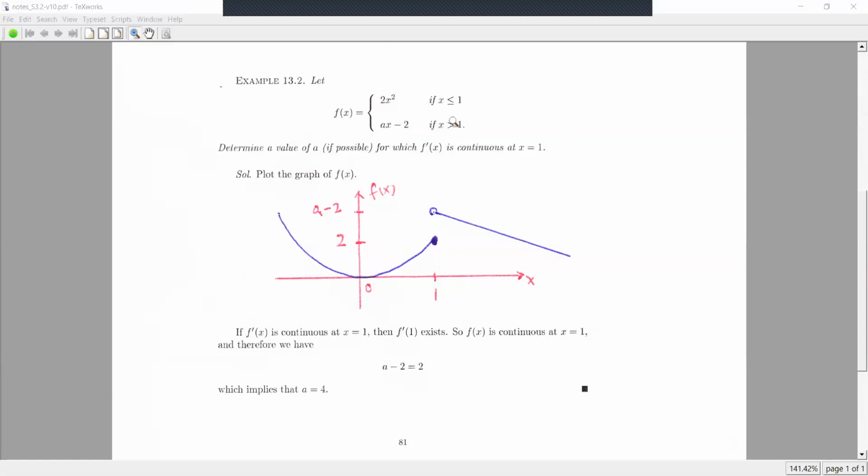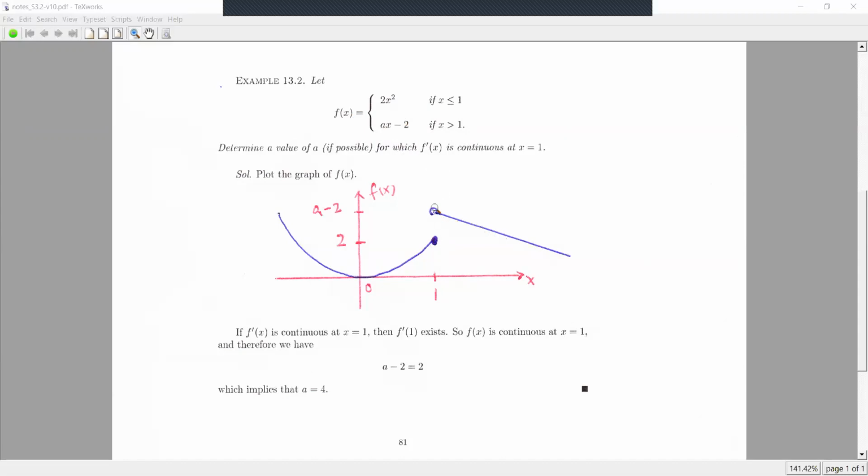On the right side of 1, the graph of the function f is the graph of ax minus 2. A is a number. We don't know what the number is. But a number times x minus 2, the graph must be a line. Suppose the graph of this guy is this line.